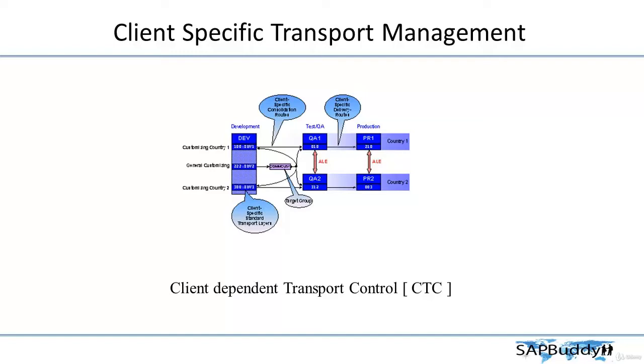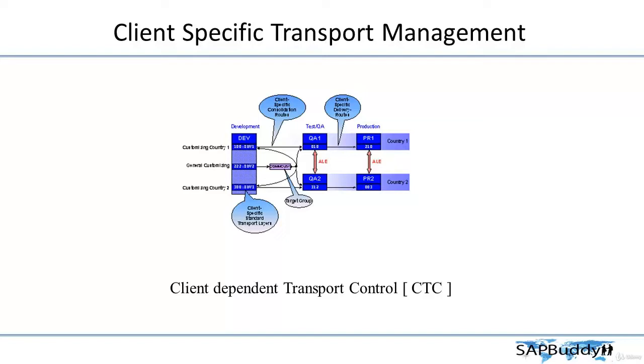Meaning to say, the target group concept we have seen before does not change. Client specific target groups can be accommodated quite easily, so the concept as such does not change much.